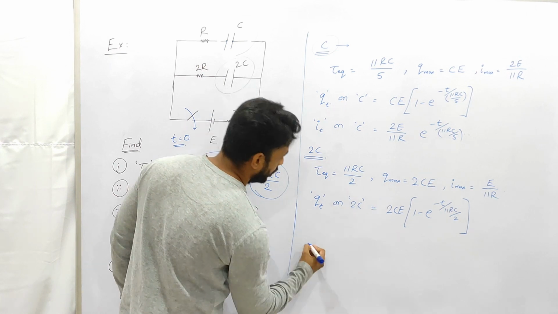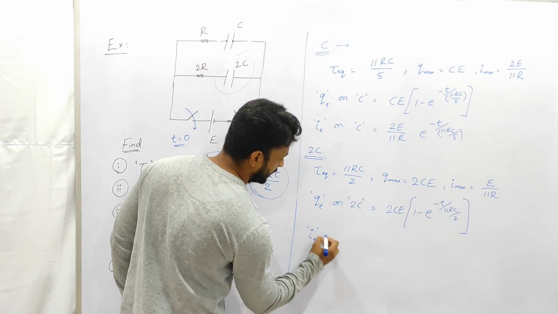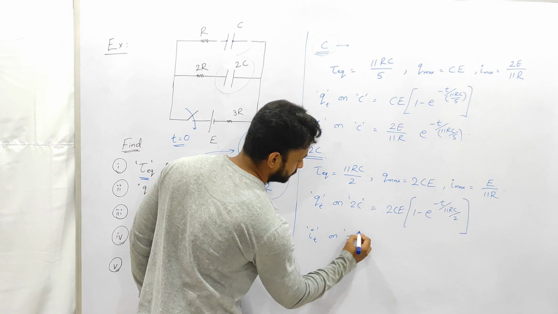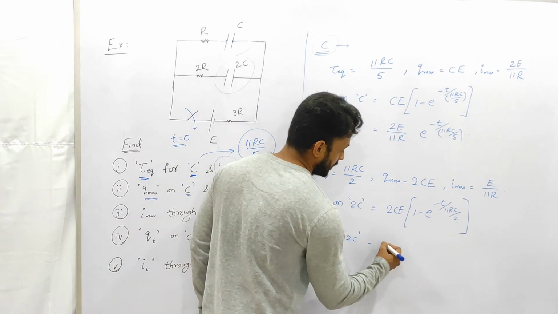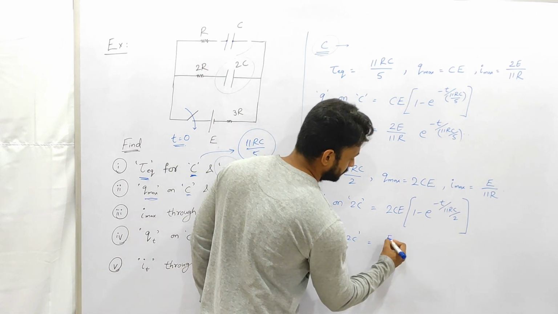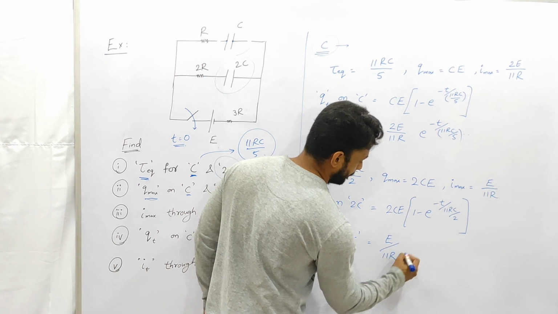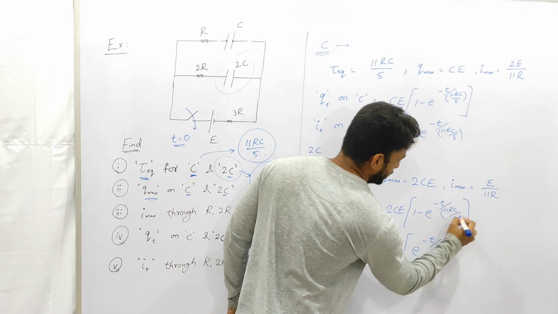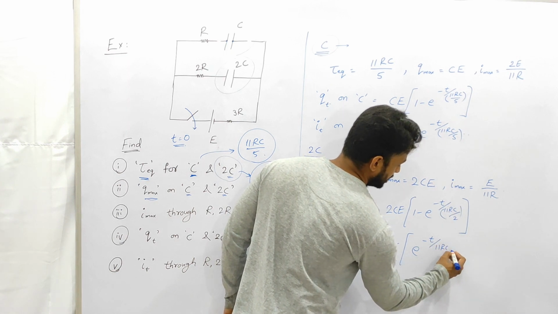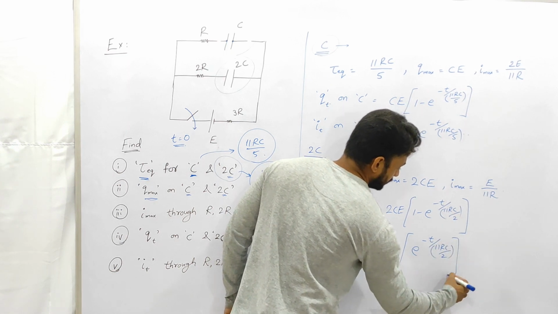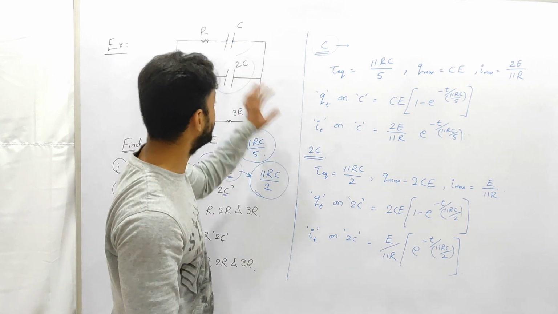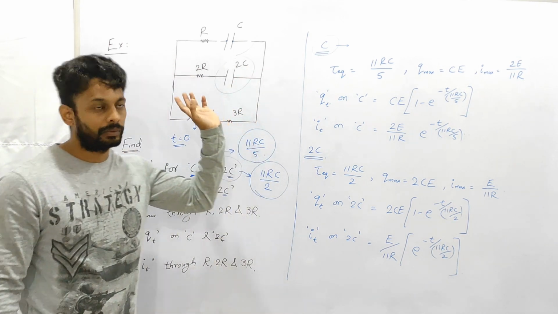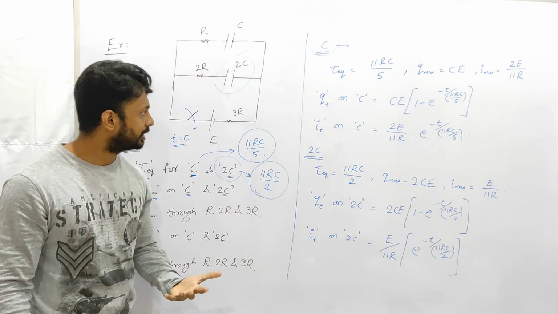And then for I as a function of time on 2C, that is I max into e power minus t by tau equivalent, that is 11RC by 2. The equivalent time constant may be different for different circuit elements. For different capacitors, you are getting different values.